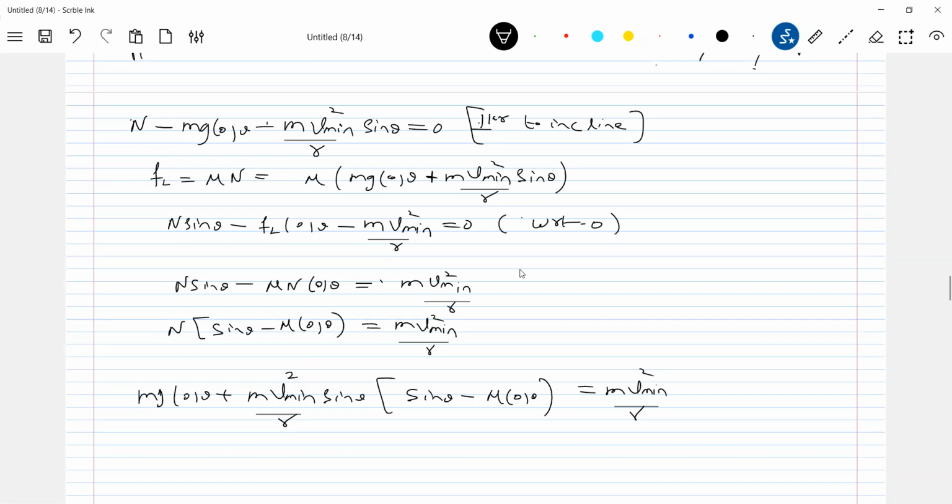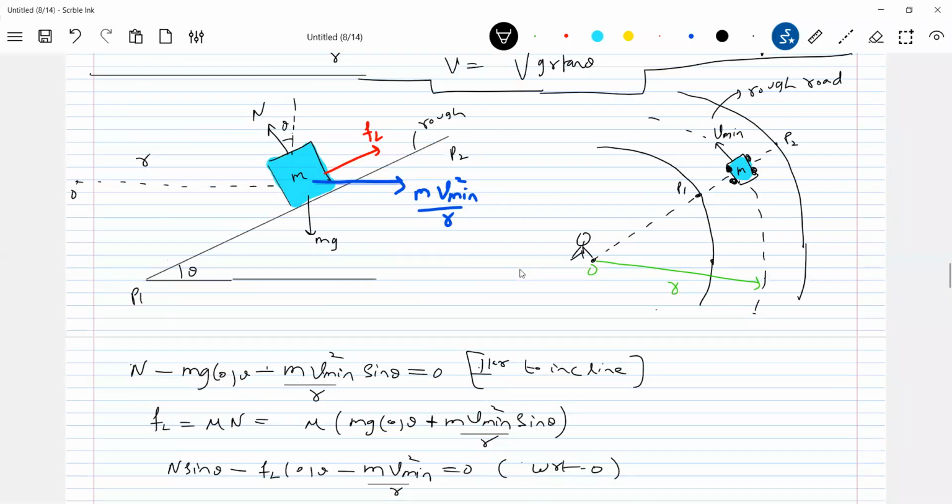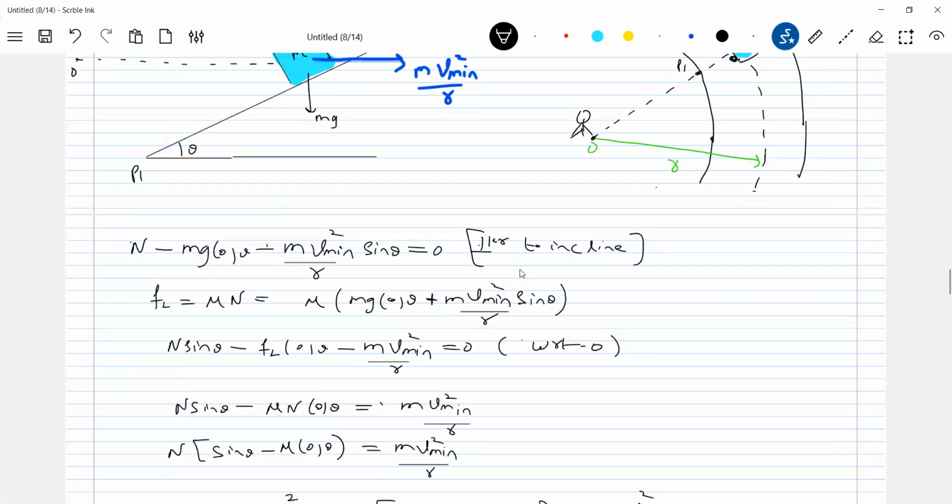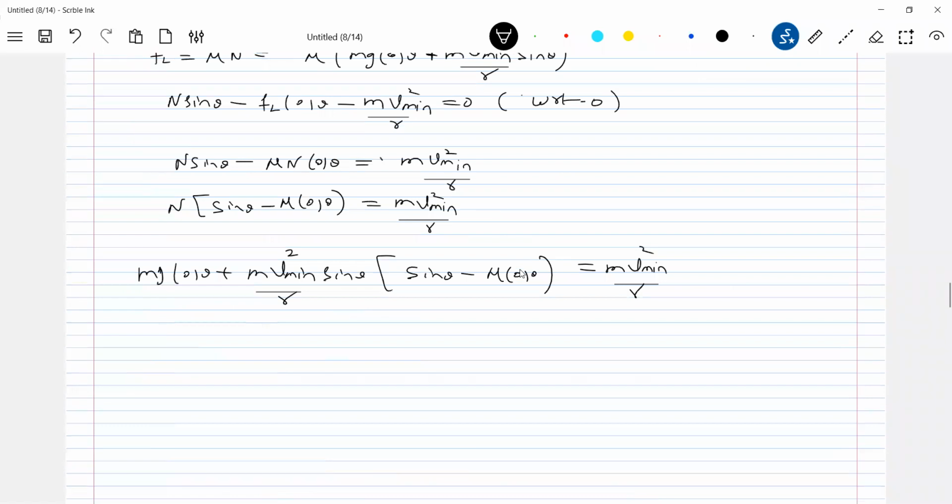Anybody? Either of these, or you can do one thing: N cos theta plus FL sin theta minus mg equals 0, then along the x-axis, or along the incline and perpendicular to the incline, any of the methods. Can anybody solve this?